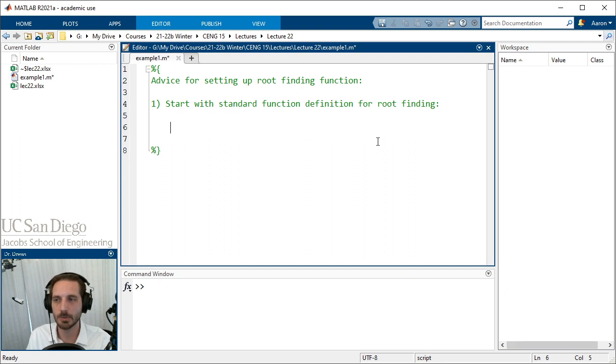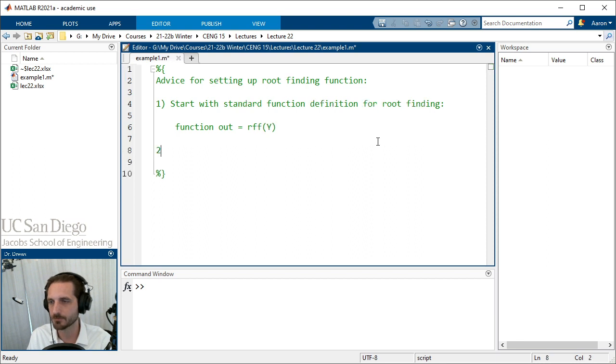So what that's going to end up looking like is something like function, you can call it target or output or something like that. I'll just call it out because that's what I usually call it, is equal to my root finding function as a function of y. And my advice here is always use y as your root finding function variable. The next step, and of course this would be accompanied by an end statement down here. Actually, you know what?